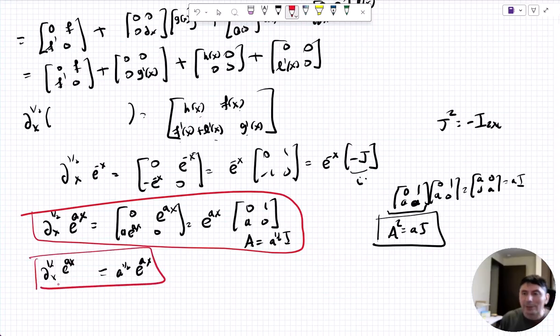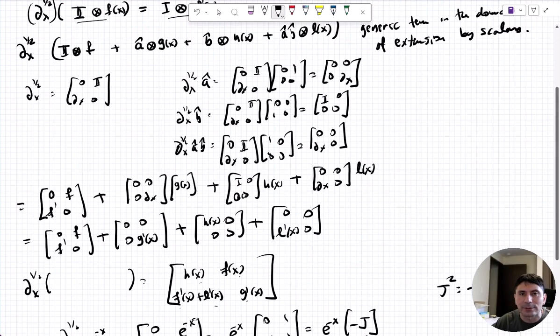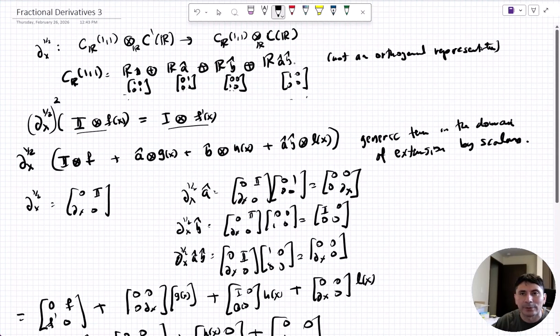Okay, I hope this helps. It's an introduction to fractional derivatives by the method of a scalar extension. So we're extending the scalars from the reals to a Clifford algebra where the fractional derivative becomes well defined.